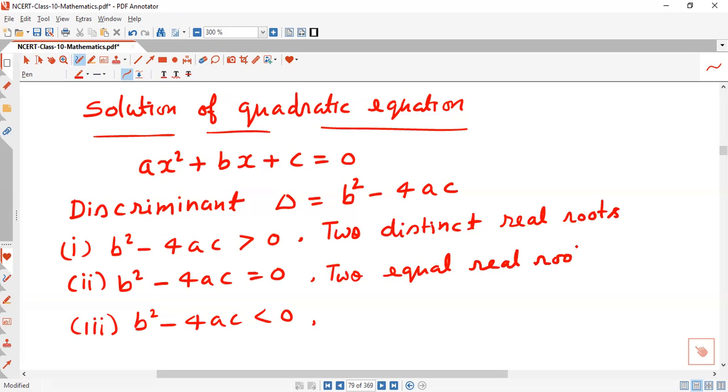The value of both the roots is the same. And when b square minus 4ac is less than 0, no real roots. So we are not getting any real solution for this third case. So look here, in case number 1, we are getting two solutions, but both solutions are distinct. In the second case, we are getting again two solutions, but the solutions are equal. In the third case, we are getting no solutions.